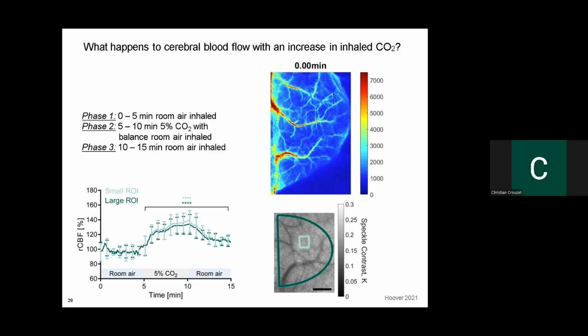For a lot of our studies, you can normalize pixel by pixel across time, so you get a relative map of flow. For a lot of the data that we do, we take the flow within the ROI and use that information.